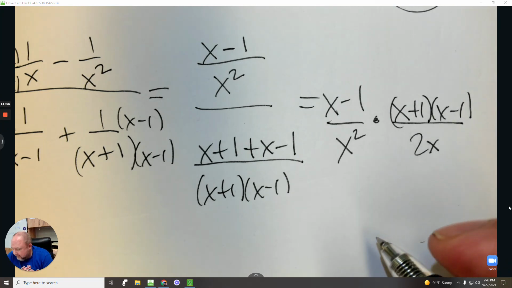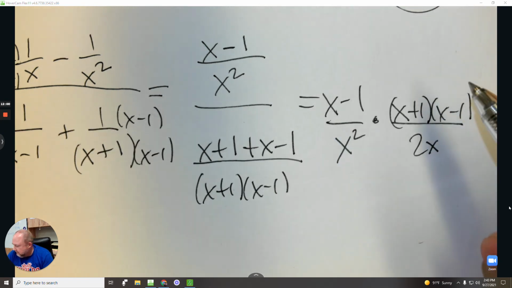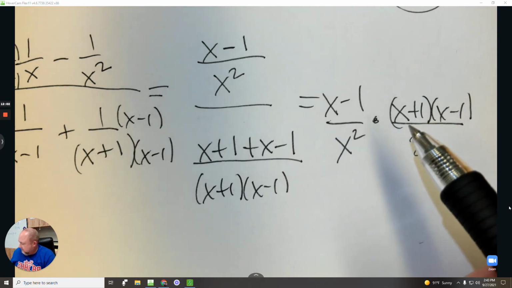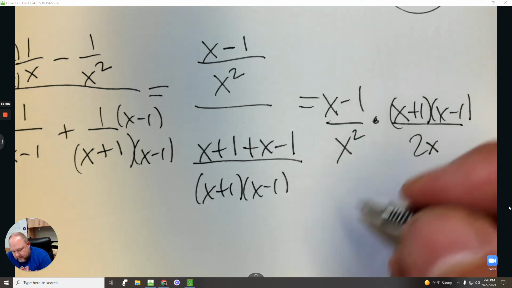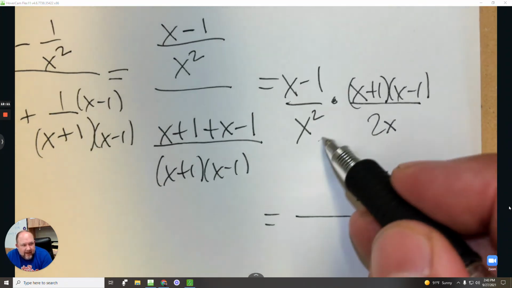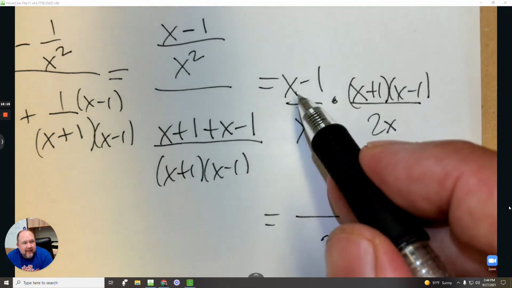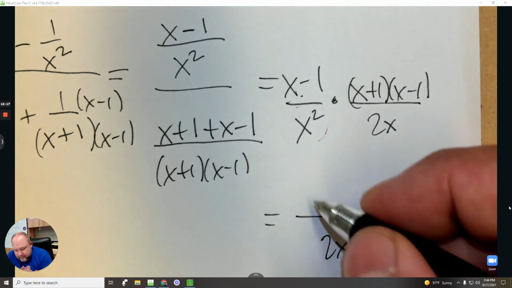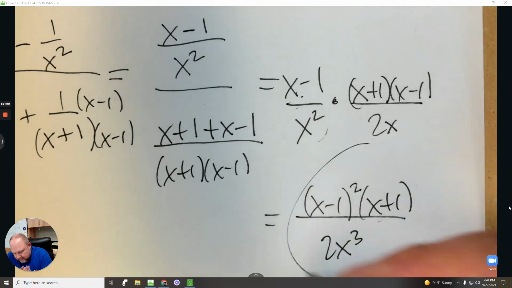If I look carefully, there's nothing that simplifies. So to write the answer, I would go x squared times 2x, which is 2x cubed. And then x minus 1 and x minus 1 is x minus 1 squared, x plus 1, and you did it.